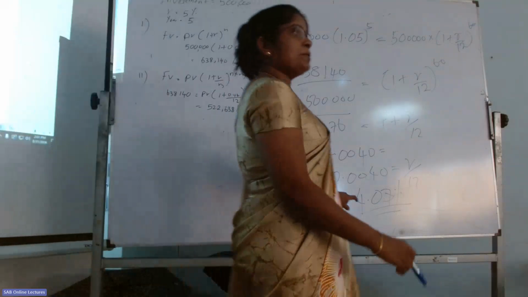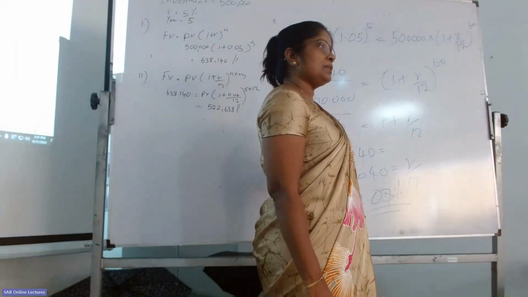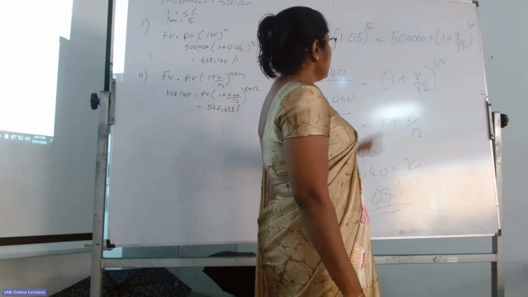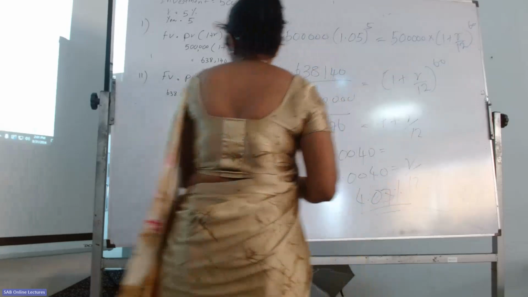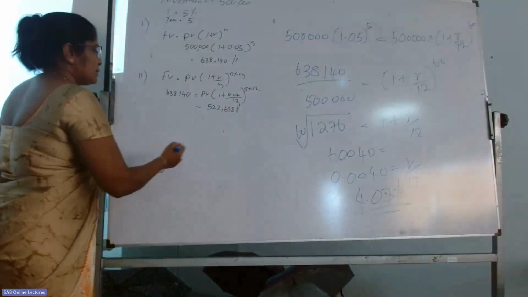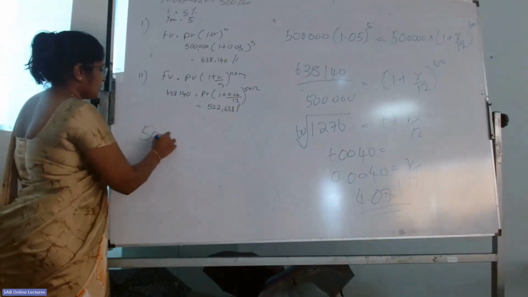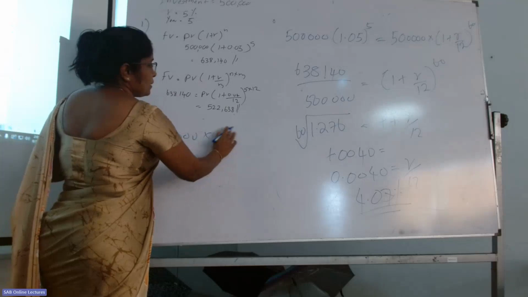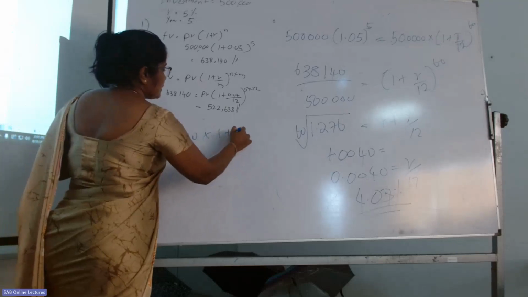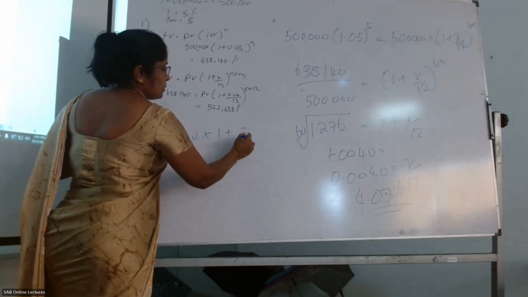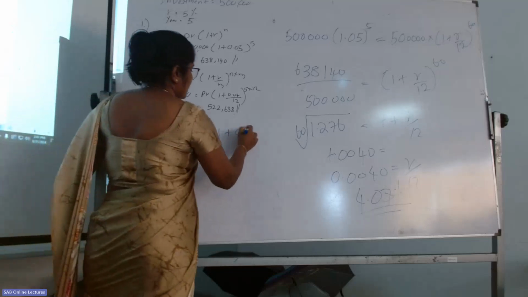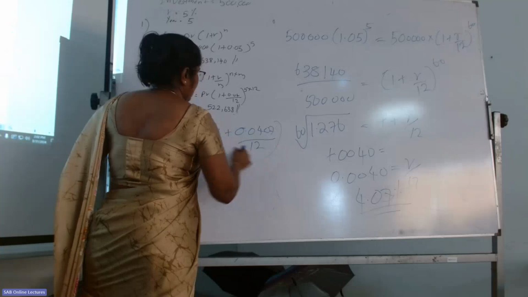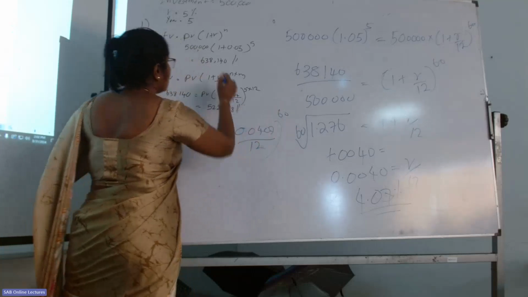They are compounding monthly, offering interest monthly. Then you can check the answer. Monthly, so 500,000 into 1 plus 0.0407 divided by 12, to the power 60.